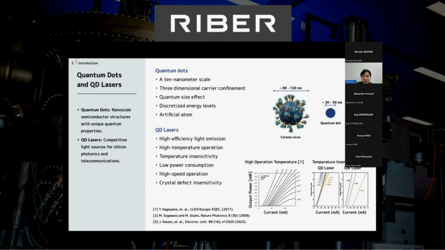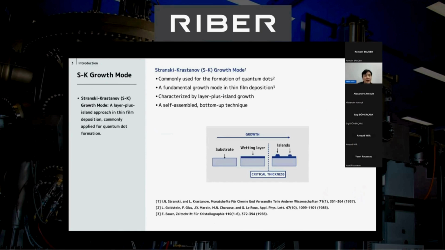Using quantum dots in semiconductor lasers, the quantum dot laser shows high efficiency light emission, high temperature operation up to 200 degrees Celsius, temperature insensitive operation, low power consumption, and it also has crystallographic insensitivity.